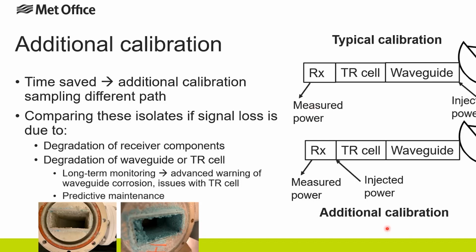This additional calibration will be injecting the power directly into the receiver and then measuring the power at the ADC in the receiver. So we'll be able to compare these two calibrations and isolate whether the signal loss is coming due to a degradation of receiver components or whether it's due to a degradation of the waveguide or TR cell.